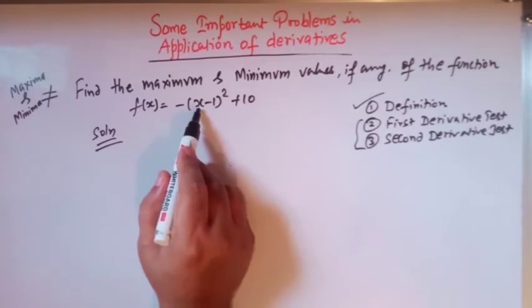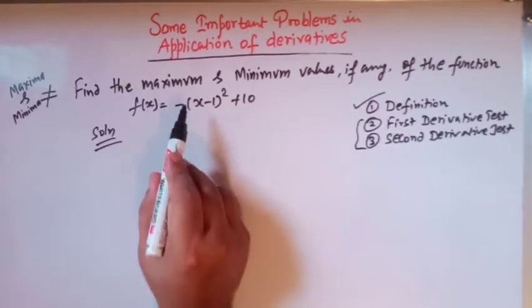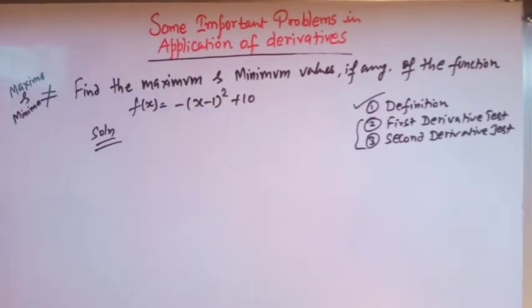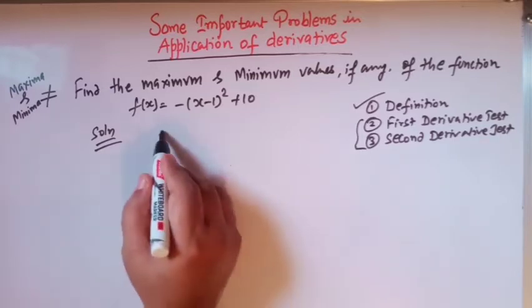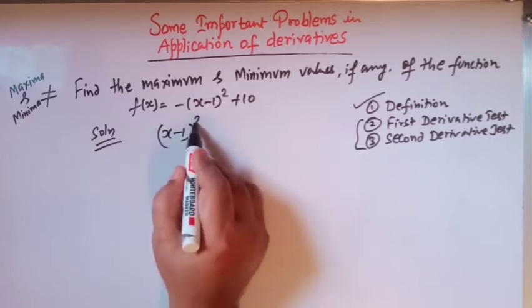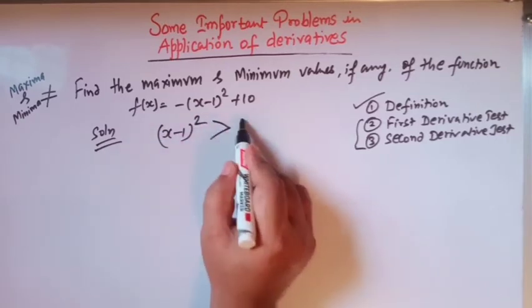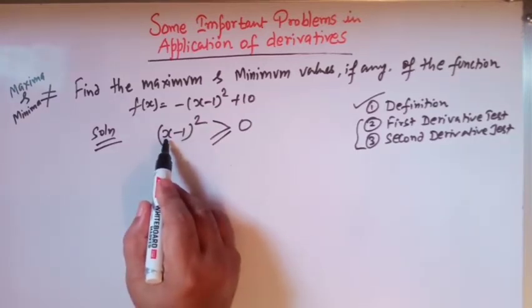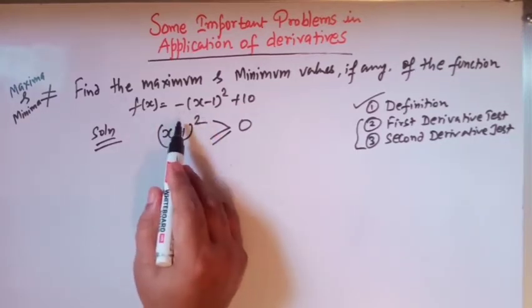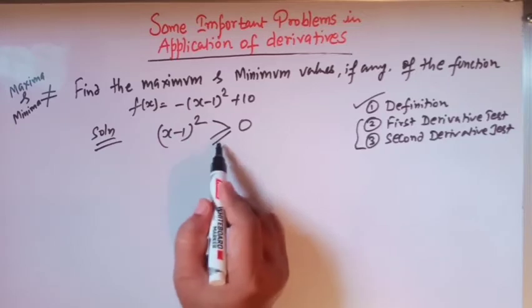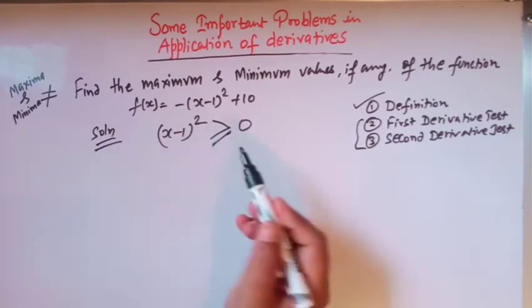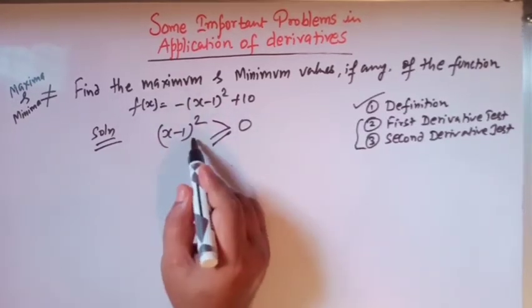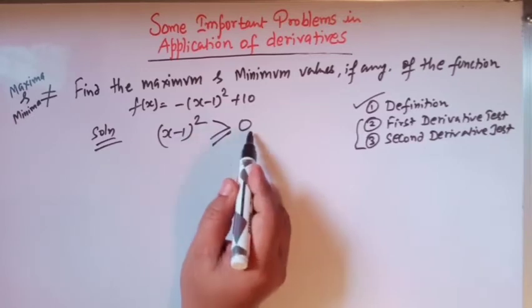So here we know that the square of any quantity is always positive. So we can write x minus 1 square is always greater than or equal to 0, because at x equal to 1 this expression will become 0. Therefore we have this equality sign, right?